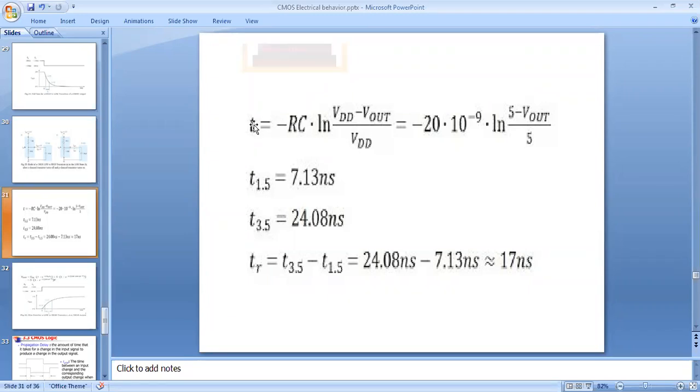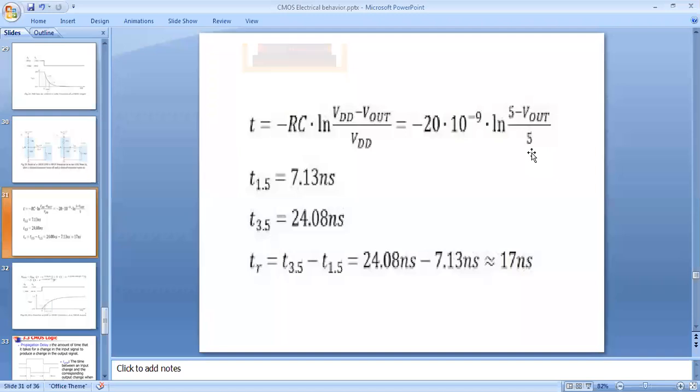Now substitute R and C values. R is 200 ohms and C is 100 picofarads, which gives minus 20 into 10 power minus 9. Already you know VDD is 5 volts, so 5 minus V out by 5.